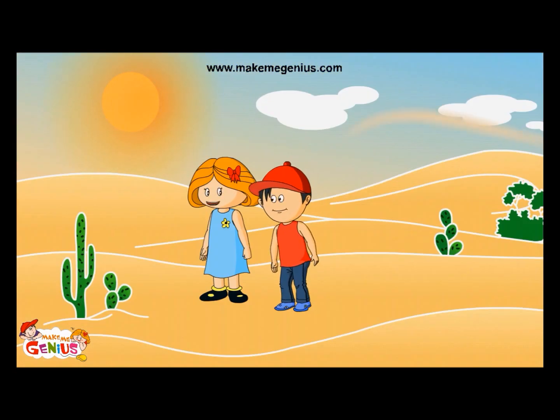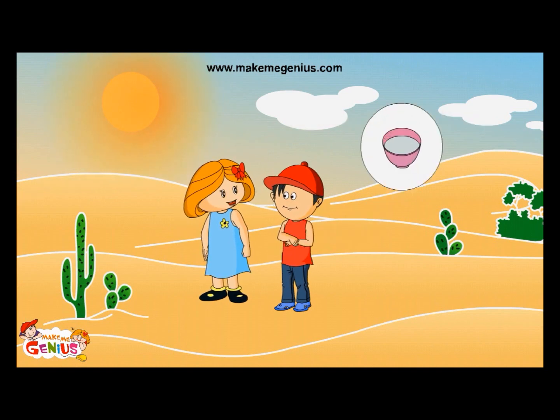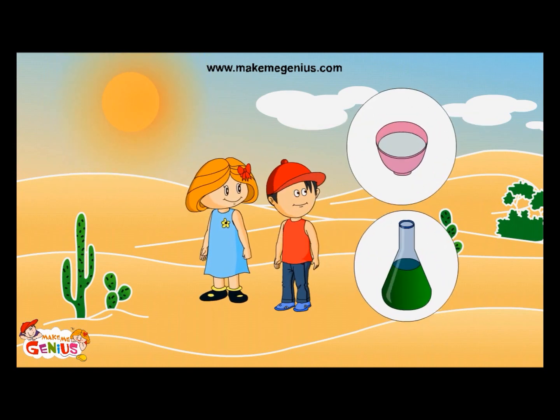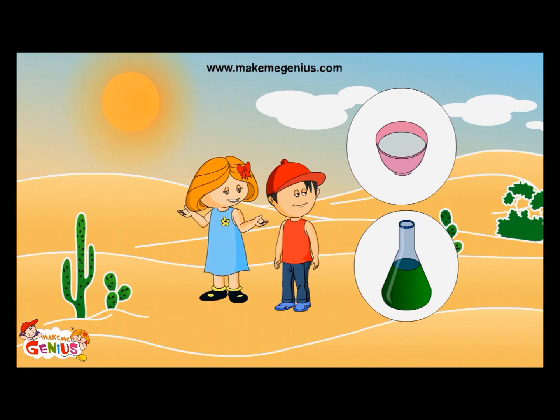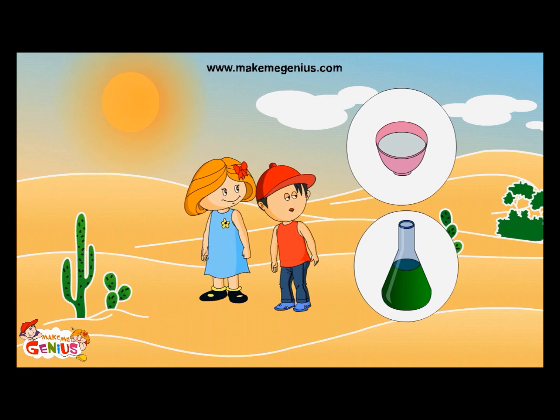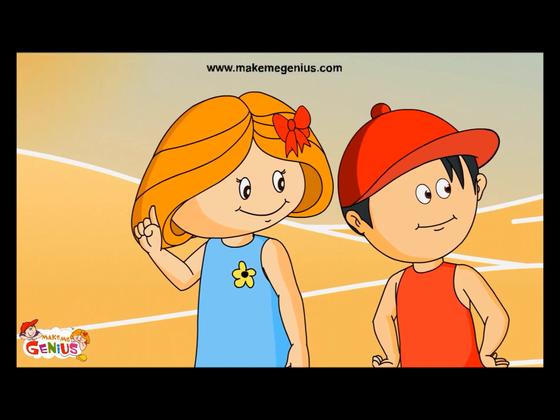A genius question. But before I answer this, let me ask you a question. If we keep water in these two containers in sunlight, from which container will water evaporate faster? Water will evaporate faster from the bowl. Right? But why?